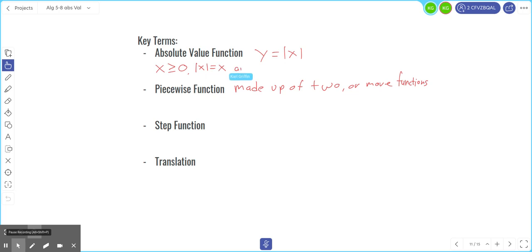And when x is less than or equal to 0, then the absolute value of x equals negative x. So you have two different functions defining it depending on which side of 0 you're on, or depending on if the value of x is greater than or less than 0.